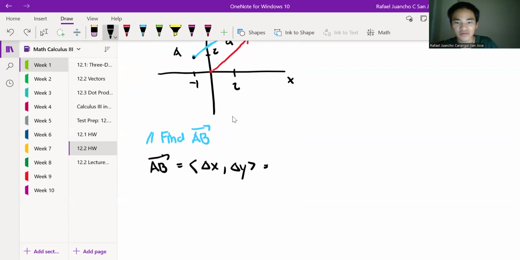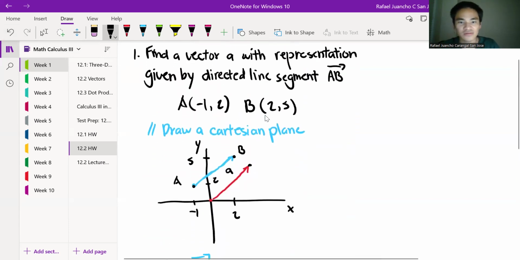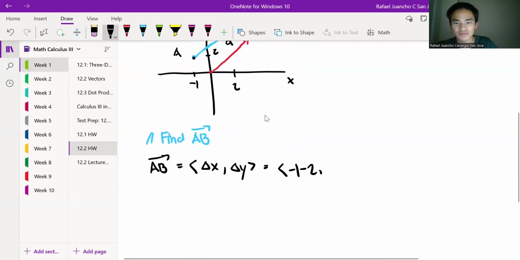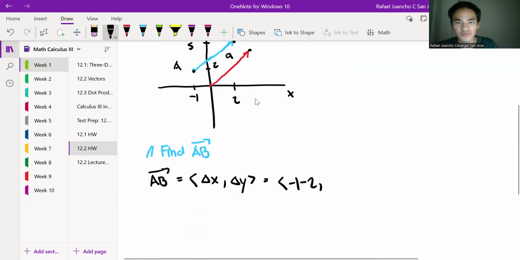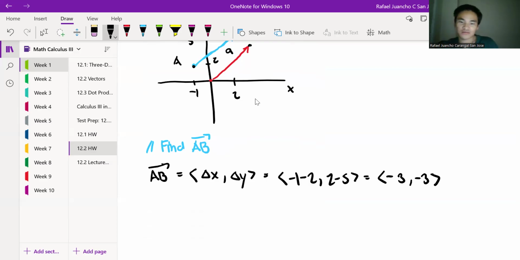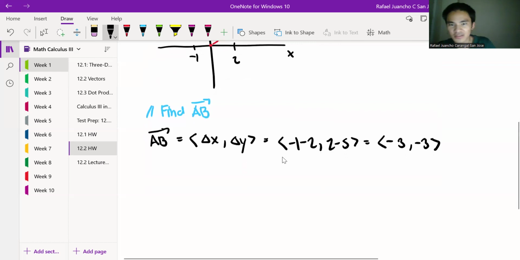Or the other way around. It could be negative 1 minus 2, and then 2 minus 5. And then we get something like negative 3, negative 3. And we just know that's 1, 1, right?